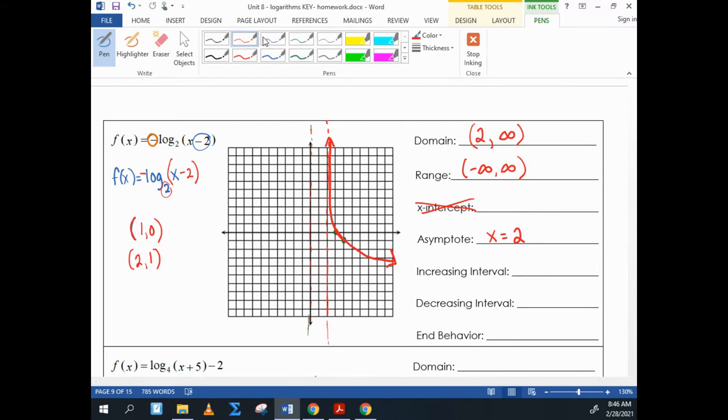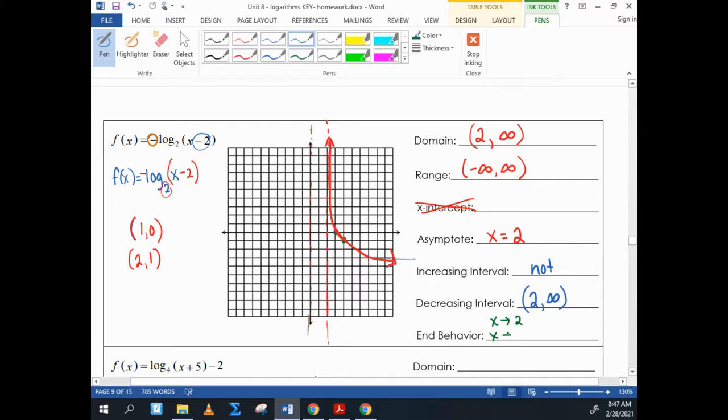When I read this, notice right here, as I read left to right, my y values are decreasing as I follow that picture. They're decreasing with that negative. It made it go upside down. So it's not increasing, but it's decreasing in my domain from 2 to infinity right there. And we're also going to use that 2 and that infinity for our end behavior.